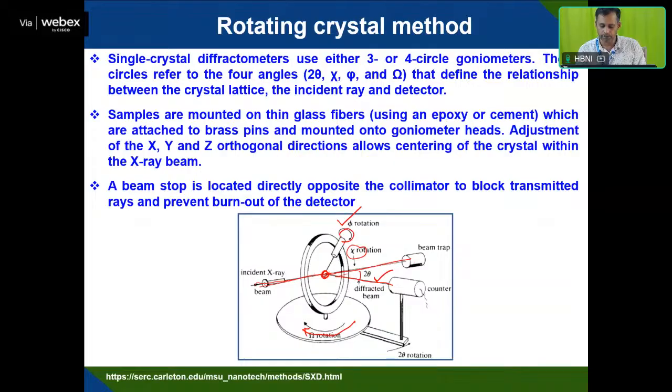The beam stop is located just behind, opposite to the collimator, to block the direct transmitted ray, because that may burn out your detector. So the beam stop will not allow the direct beam, and whatever the diffracted beam is will go to the detector.